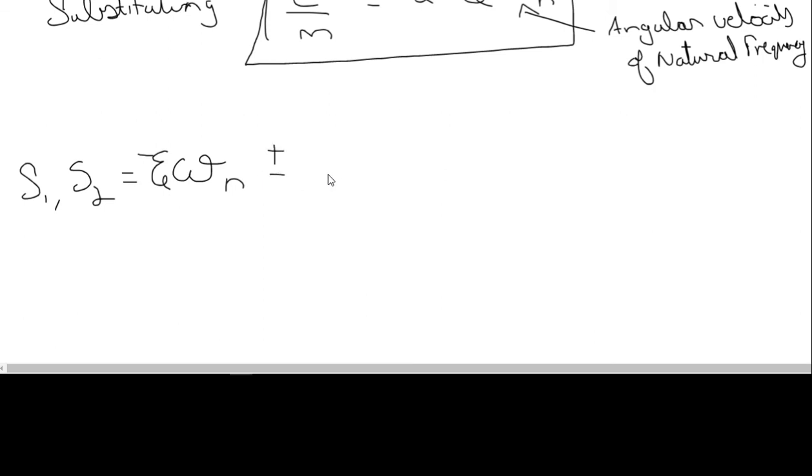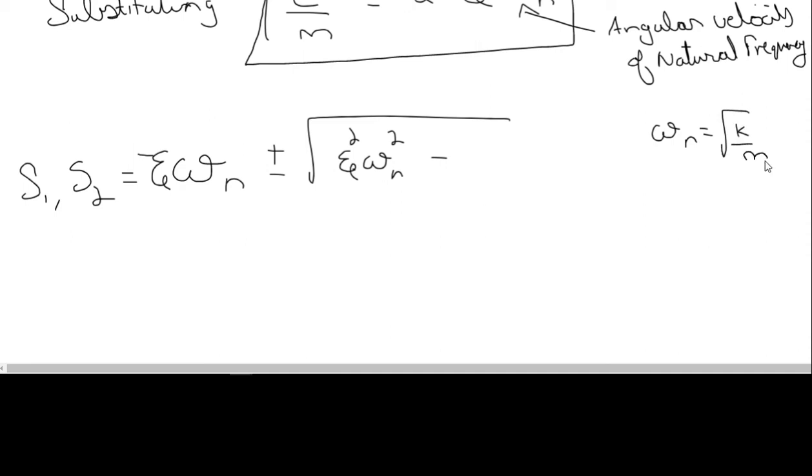Plus or minus root of epsilon square omega n square, and we know omega n is equal to root of k over m. So k by m will be equal to omega n square.